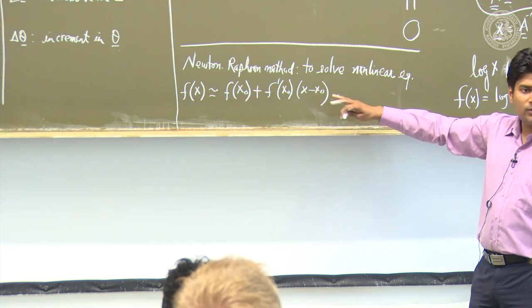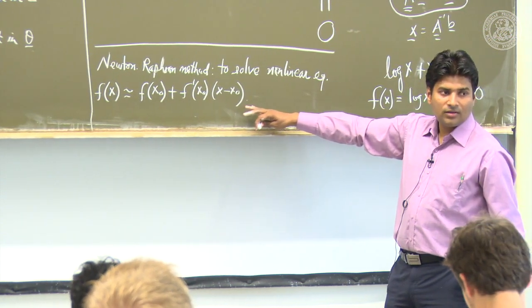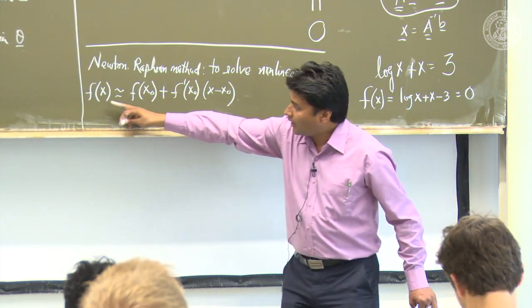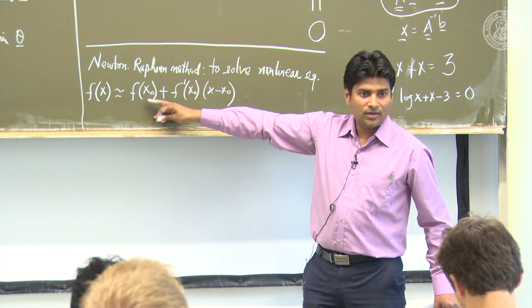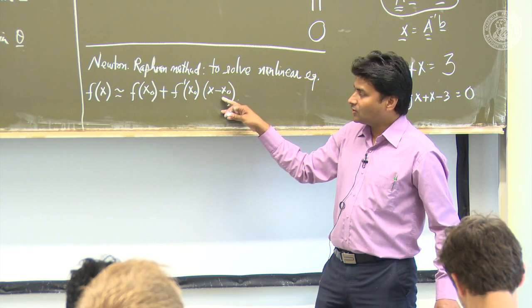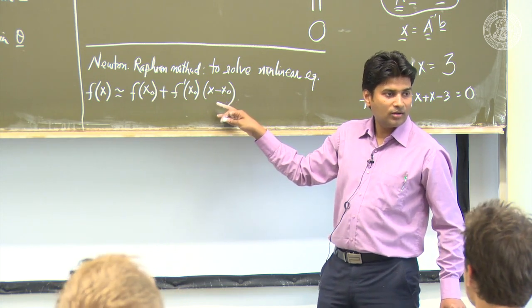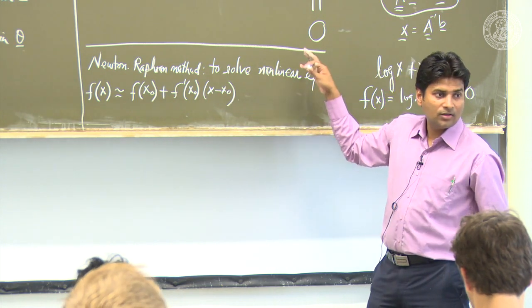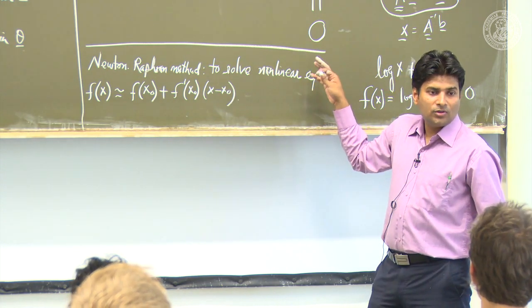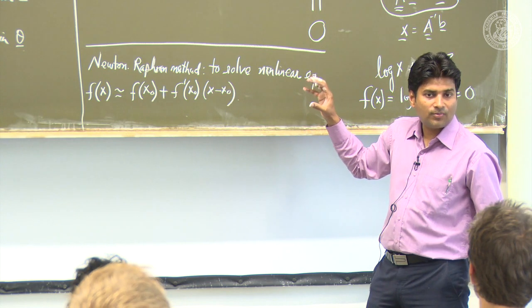And this would be fine if your x and x naught are very close to each other, which means if x minus x naught is very small, then you look at the higher order terms, they have x minus x naught squared, x minus x naught cubed. So higher order terms become still smaller and smaller.